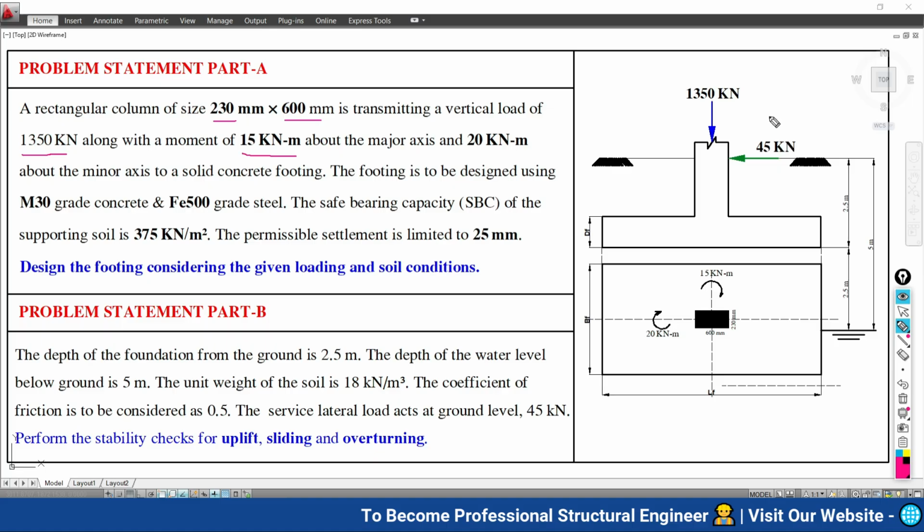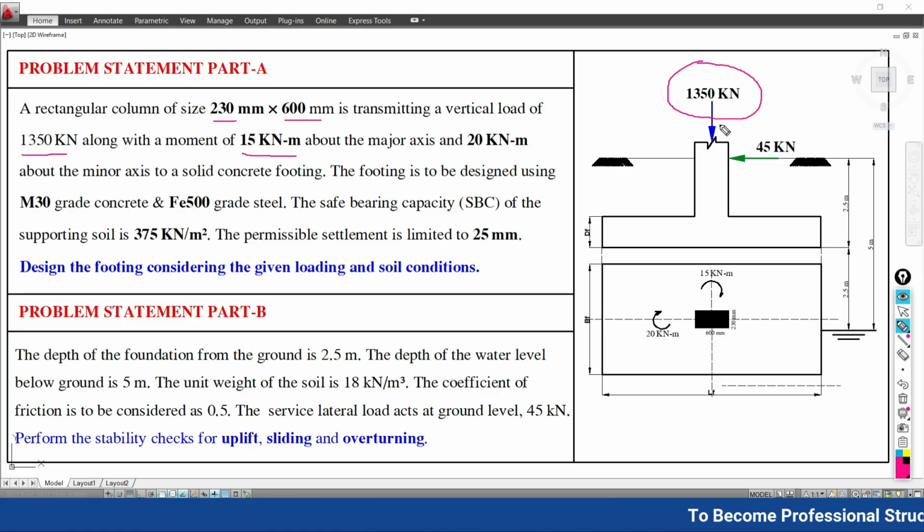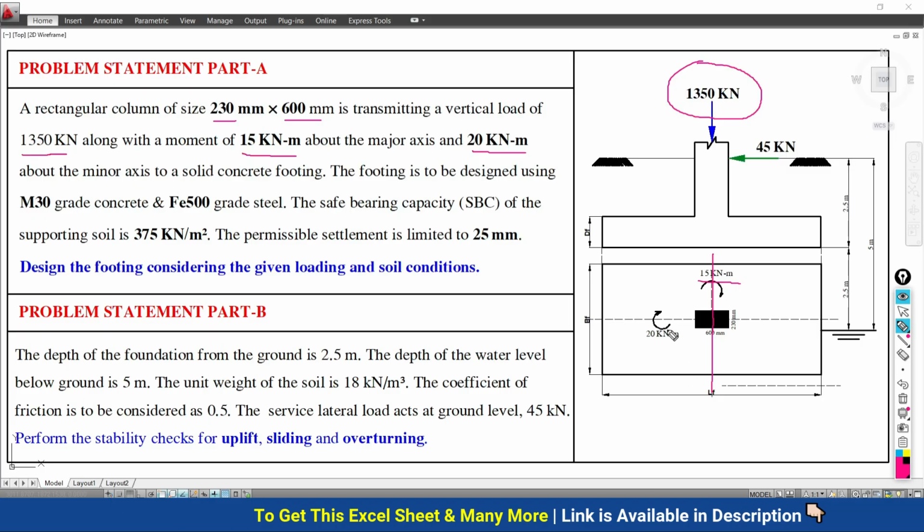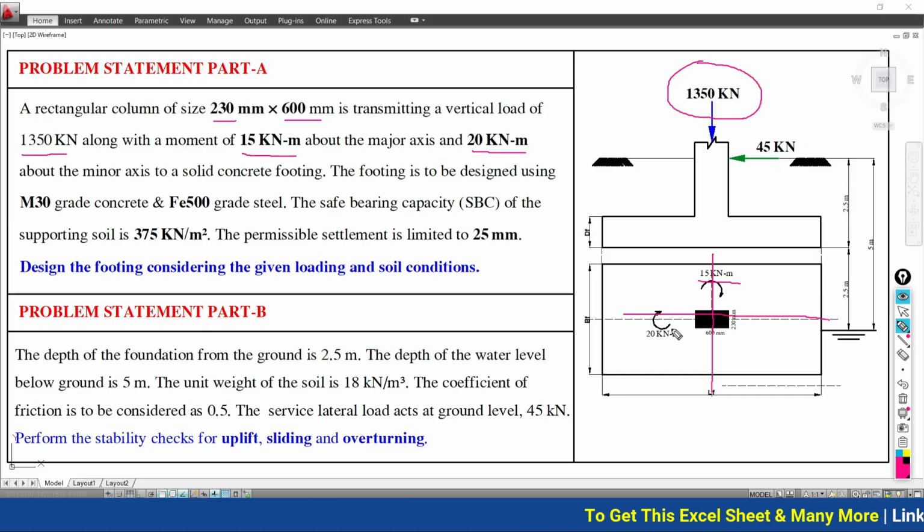Here in the figure you can see that the footing is going to be subjected to 1350 kilonewton in the gravitational direction through the column centroid, and there is a moment about the major axis, meaning the axis passing through the width of the column, of 15 kilonewton meter, and there is another moment of 20 kilonewton meter about the minor axis, the axis which passes along the depth of the column. This is experiencing the moment of 20 kilonewton meter.